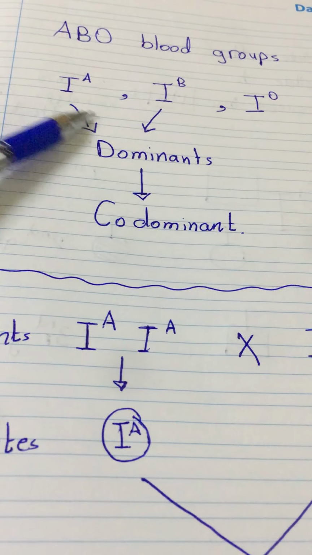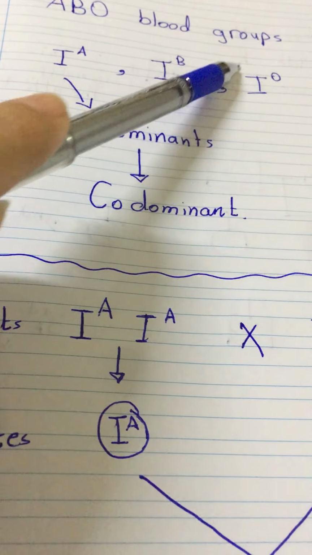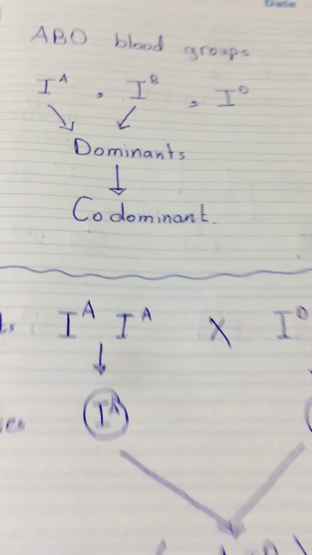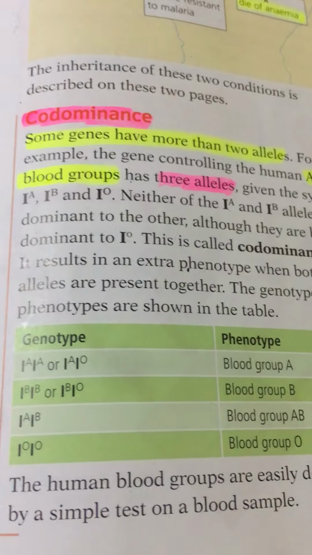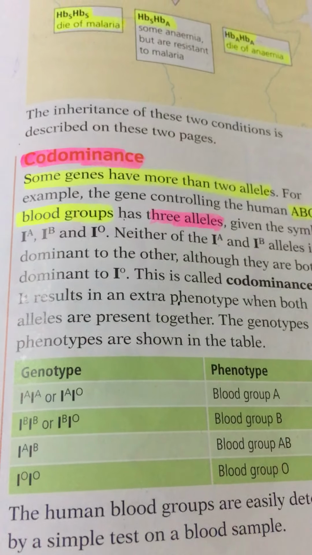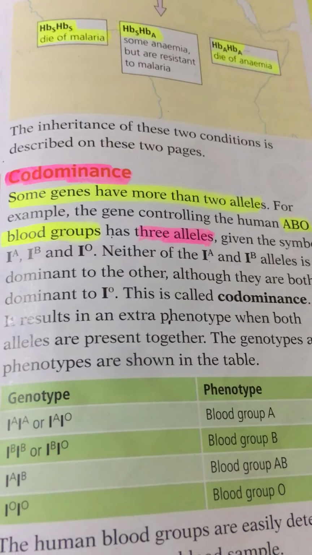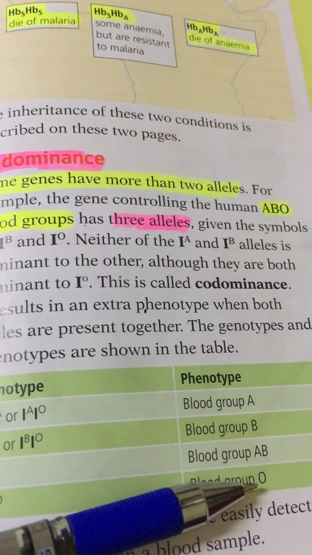The recessive is only IO small. If we look here, we will find that we have 4 types of groups: group A, group B, group AB, and group O.